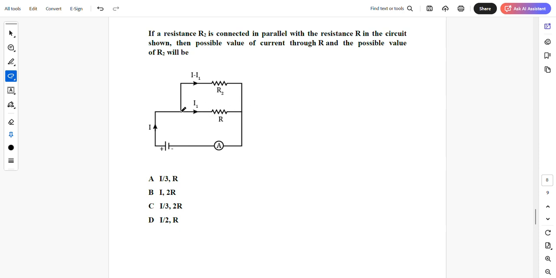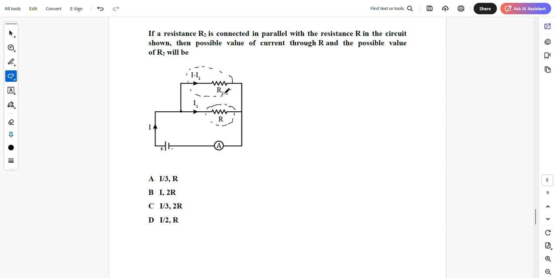For example, let us call this point A, this B, this C. Actually the potential will be the same here; I am writing this just to make you understand. What is the voltage across this resistor, and what is the voltage across this resistor?